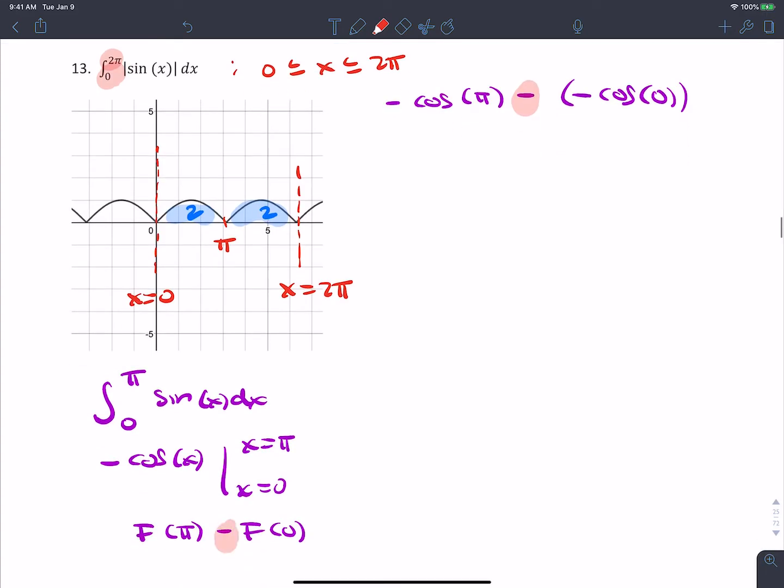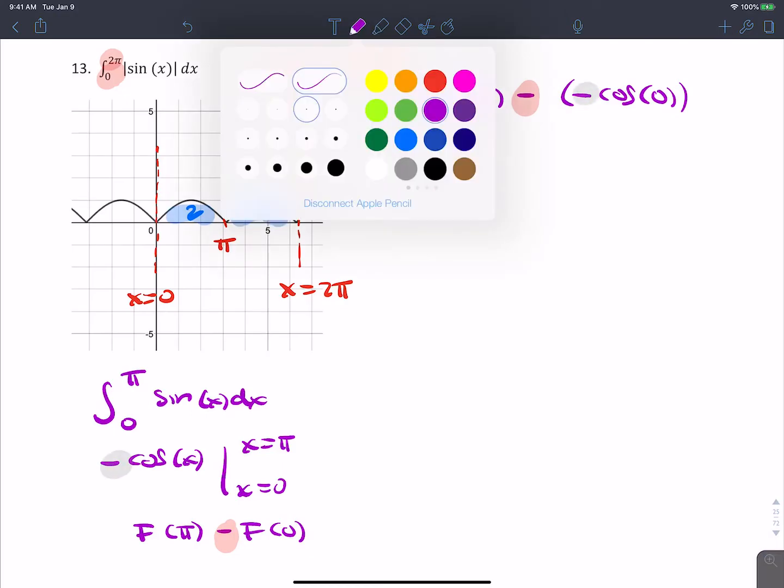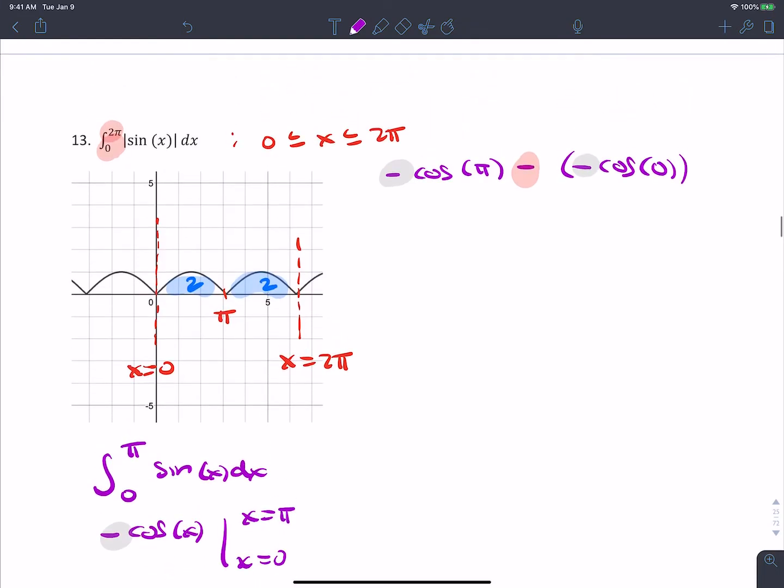Here's my difference. Got that negative sign there. Okay. What's cosine pi again? Negative 1. What's cosine 0? That negative sign is already there, negative 1. What's cosine 0 again? Is that 1? So you got positive 1 plus 1, sure enough, is what? 2.